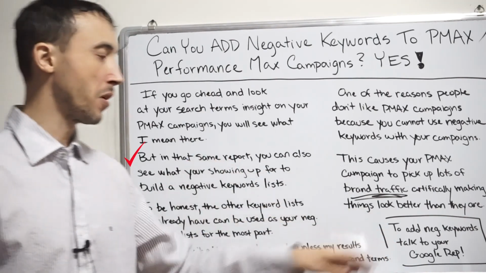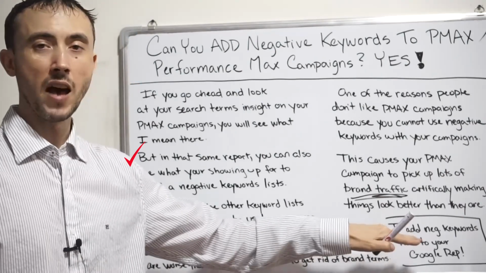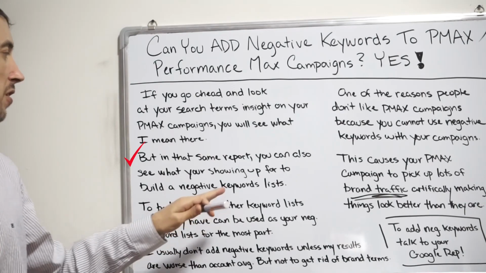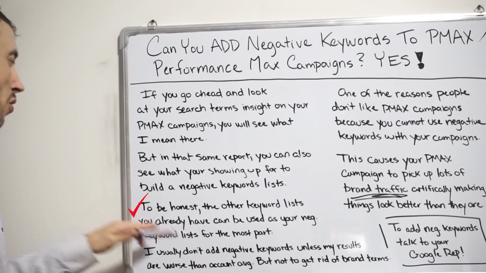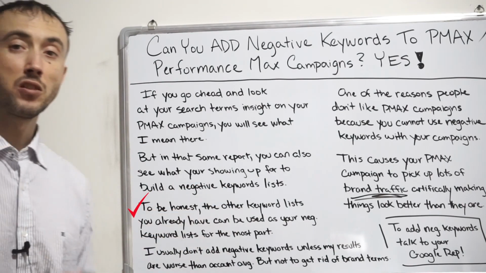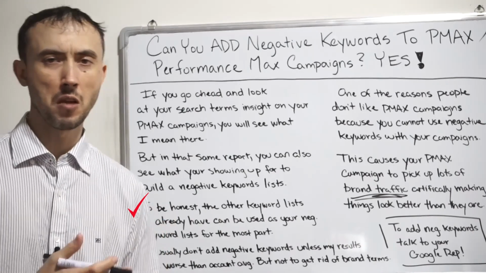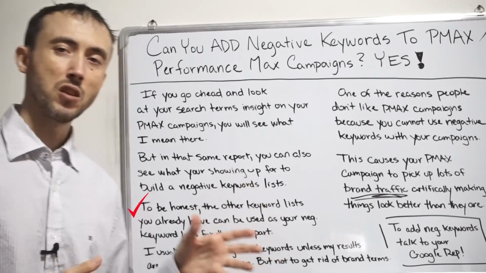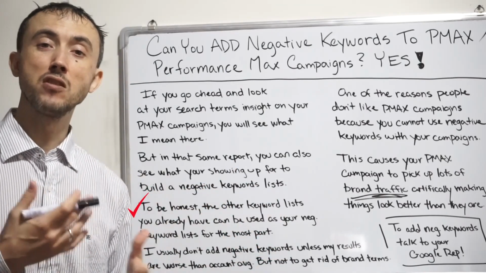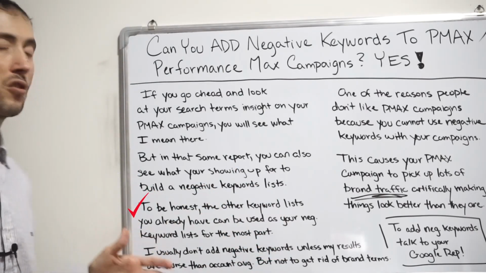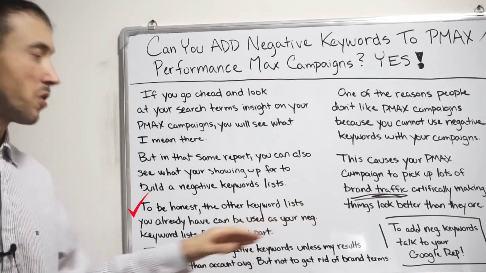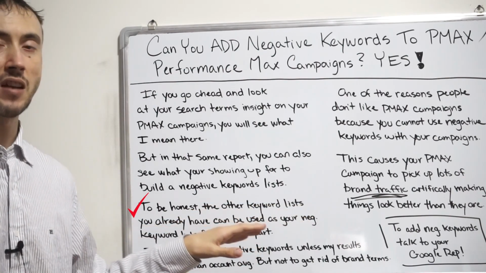Once you get it built, you can take it over to your Google rep and they'll add it in to your campaign. But to be honest, the negative keywords that you've already figured out to add to your regular search campaigns, assuming you are running search campaigns, those same negative keywords could pretty much just be added to your PMAX campaign.